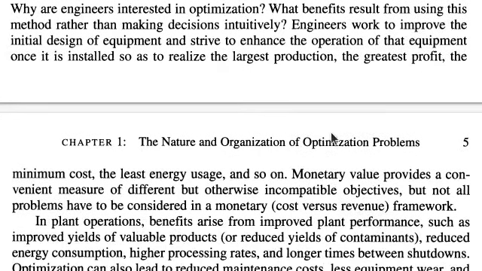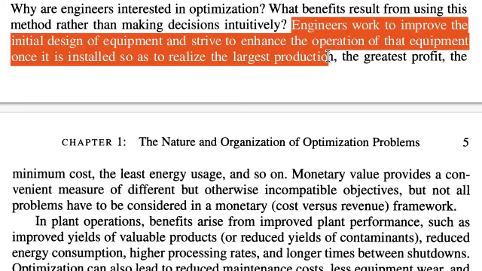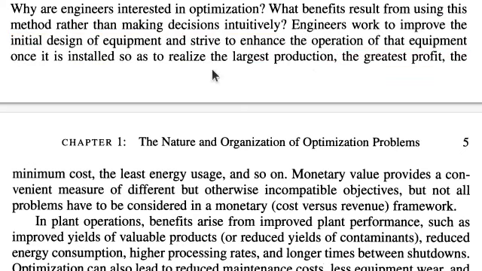Why to optimize? Why are engineers interested in optimization? So this line says that engineers work to improve the initial design of equipment and strive to enhance the operation of that equipment once it is installed, so as to realize, why they are doing all these things?